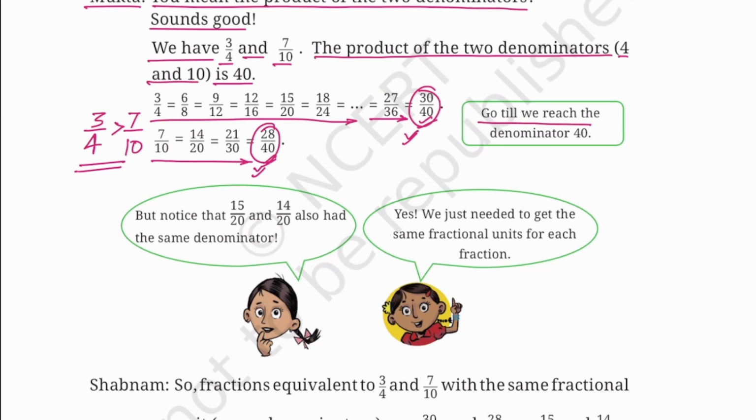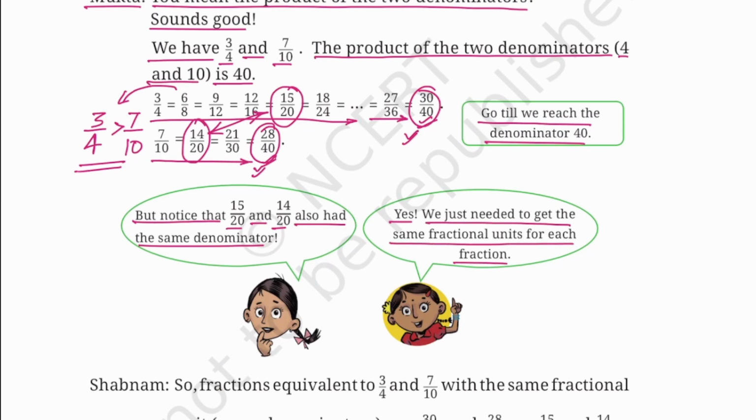Go till we reach the denominator 40. But notice that 15 upon 20 and 14 upon 20 also had the same denominator. You can see 15 upon 20 here and 14 upon 20. You can compare these two. You will get 3 upon 4 is greater than 7 upon 10. Yes, we just needed to get the same fractional units for each fraction.